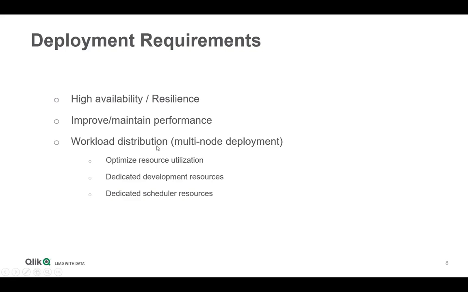So in order to distribute workload, we definitely need to have a multi-node deployment. With multi-node servers in the system, we will be able to optimize the resource utilization. We will be able to allocate dedicated resources for certain specific tasks.